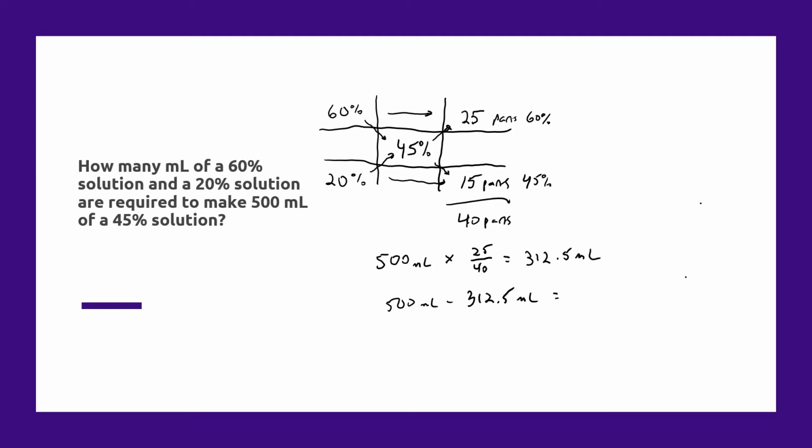So 500 minus 312.5 equals 187.5 milliliters. So that's 312.5 milliliters of 60% and 187.5 milliliters of 45%. Any questions about this? Feel free to follow up on our Facebook group page or shoot us an email.